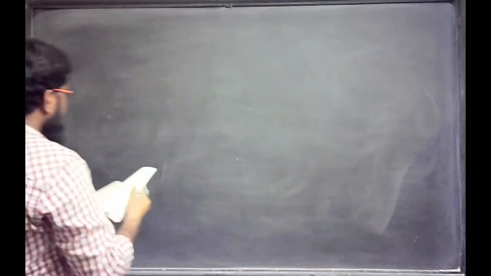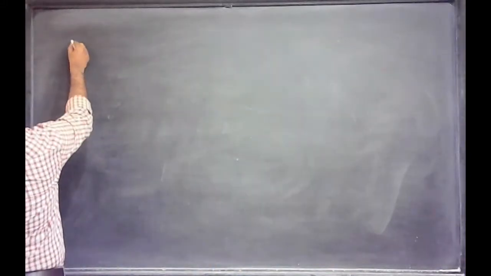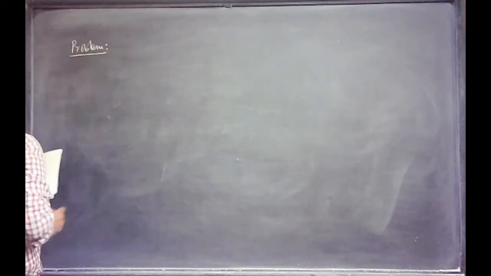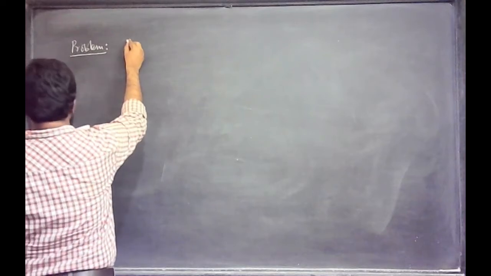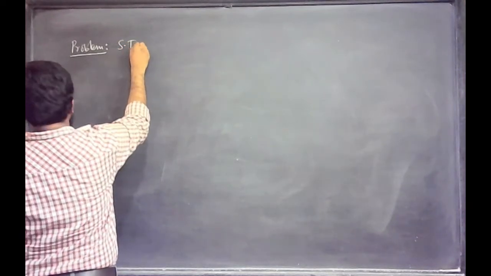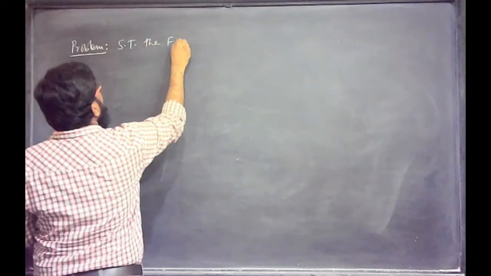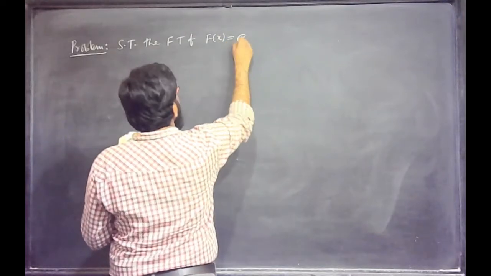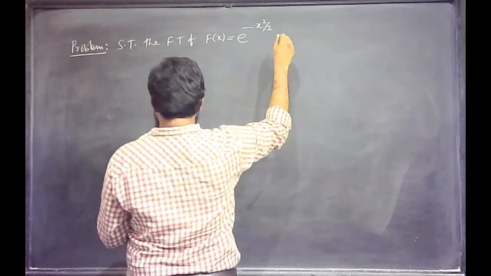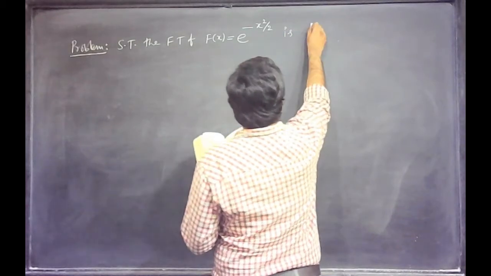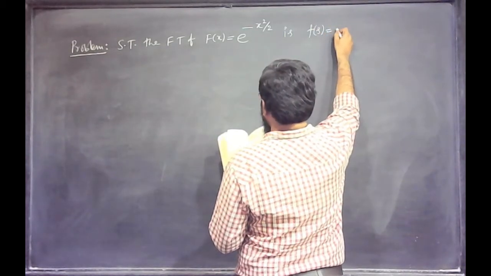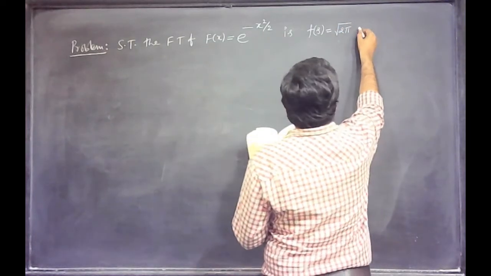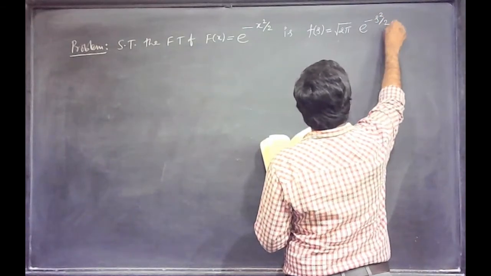Find the Fourier transformation of, the problem is: show that the Fourier transformation of f of x is equal to e power minus x square by 2 is, that is f of s, root 2 pi into e power minus s square by 2.